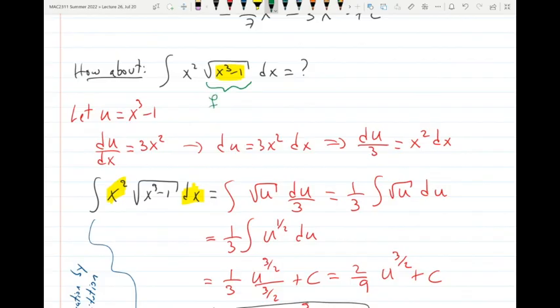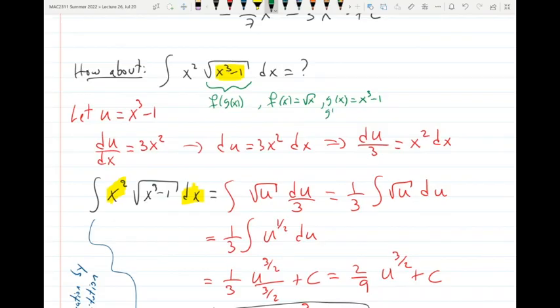So here you can think of this as being f of g of x, for which f is the outside function, square root, and g is the inside function, x cubed minus 1. Okay? And the moment that you realize this, the next question is, okay, I also need g prime to show up in the integral.